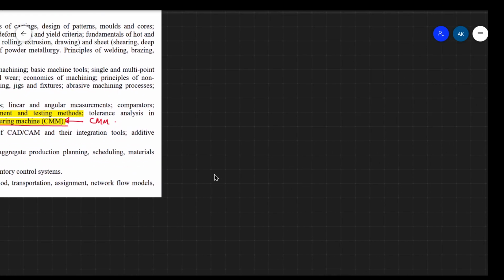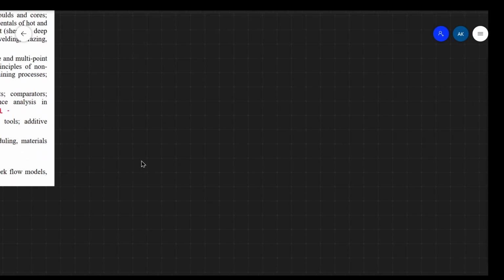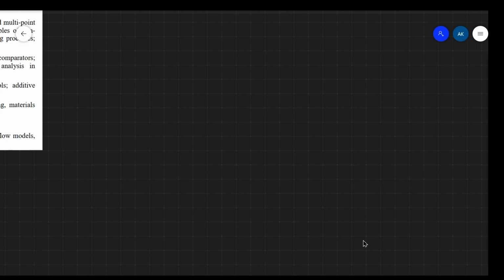So we know what is today's agenda. For the sake of stating it, I will be writing it. Our today's agenda is CMM, which stands for coordinate measuring machines.